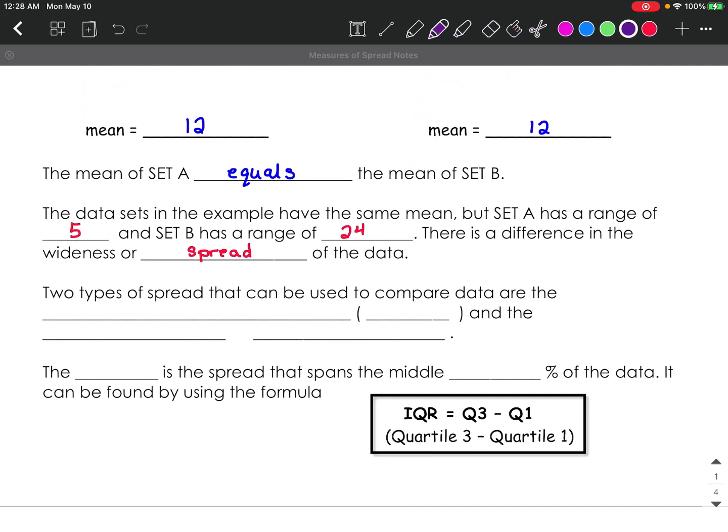Now, there are 2 other types of measures of spread that are more specific and give us a little more information than the range would: the interquartile range, which is abbreviated IQR, and that's how you're going to see it all the time, and the standard deviation.